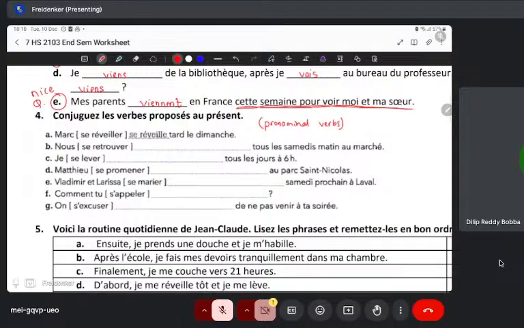Okay, I will conjugate them. So nu is there, so SC is going to become nu. Nu nu. And then this is an ER verb, no? So for nu, what is going to happen? Retrouvons. So nous nous retrouvons.